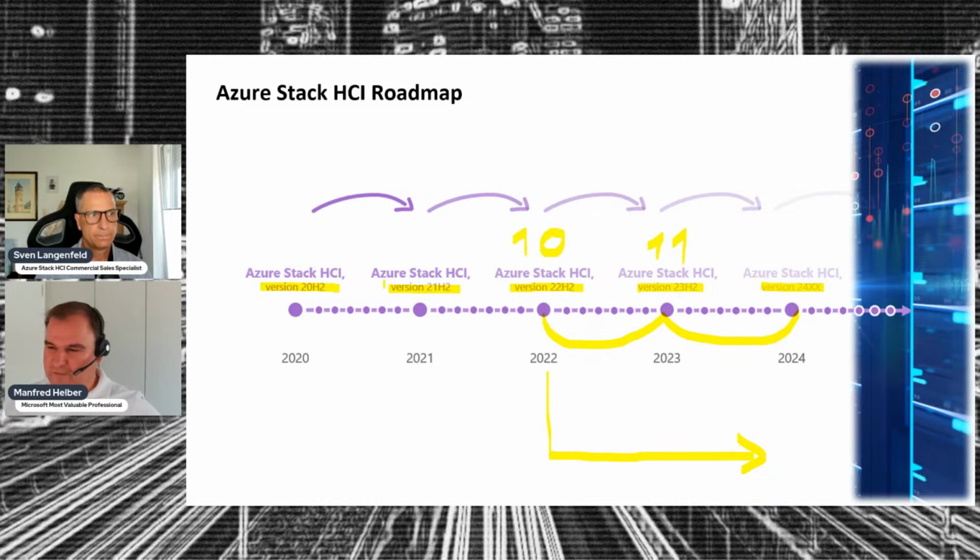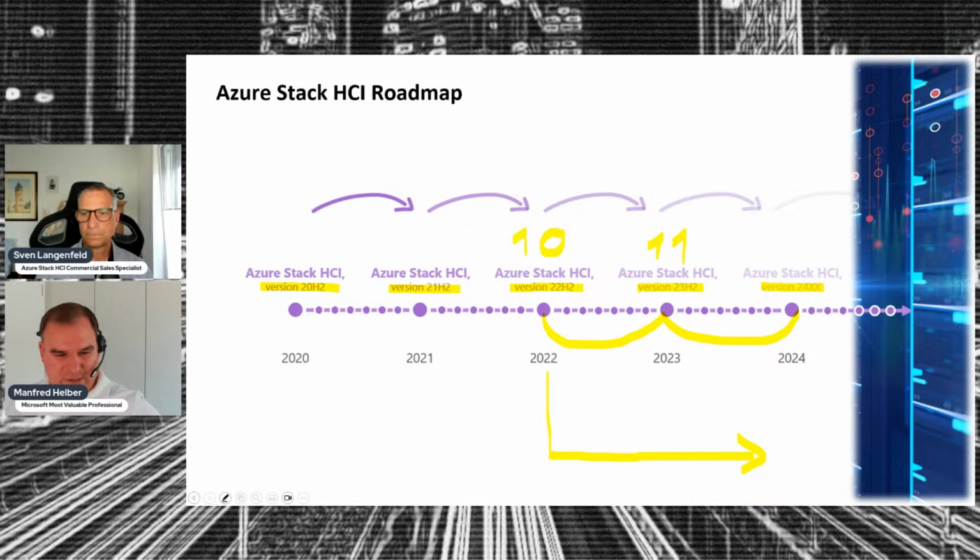When Microsoft published version 21H2, I had 6 months to migrate from 20H2 to 21H2, and the same from 21H2 to 2022 H2. At the moment, we have the situation, both versions, so the 2022 version and the 23 version are still supported. So both are still supported, and we don't have a support end that is defined for the previous version.